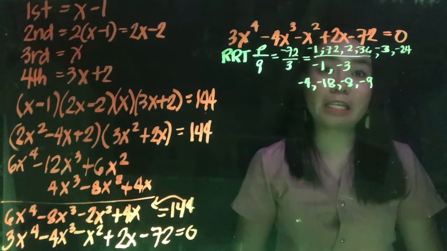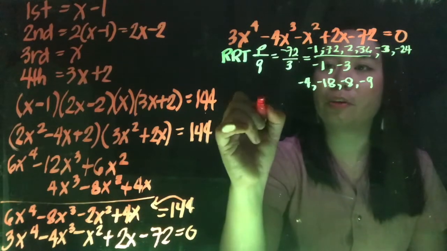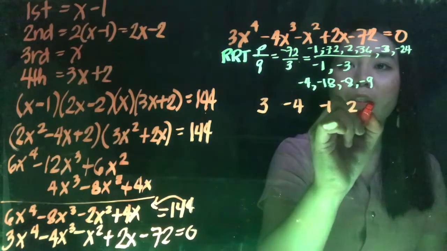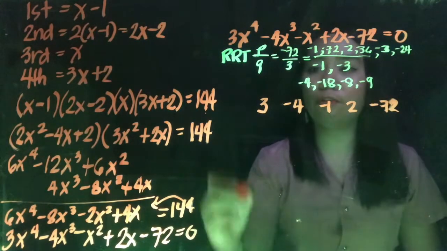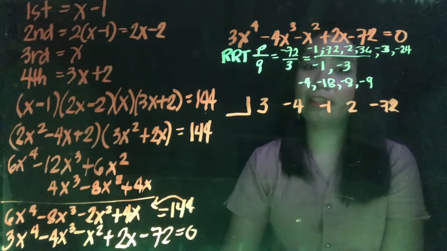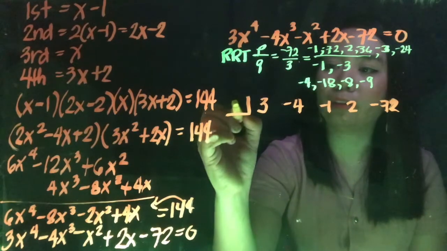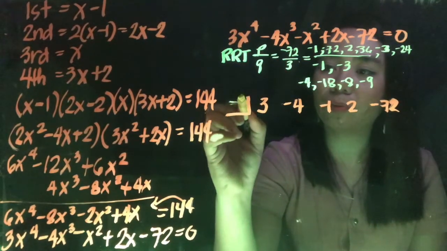So once listed, we can now start with our synthetic division. So we can choose any of those numbers to start with. And let's choose here negative 1. So let's try negative 1.